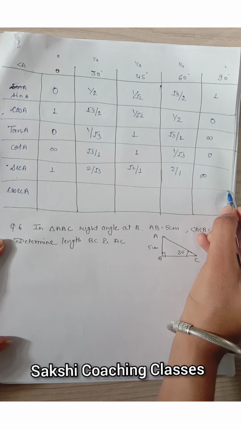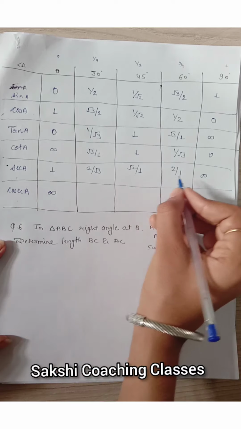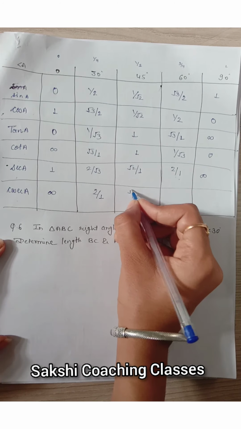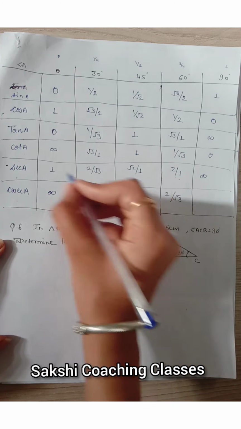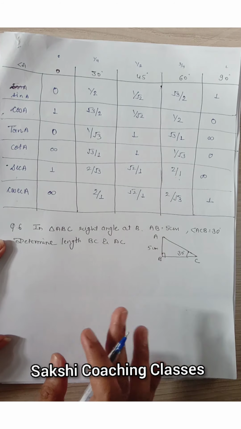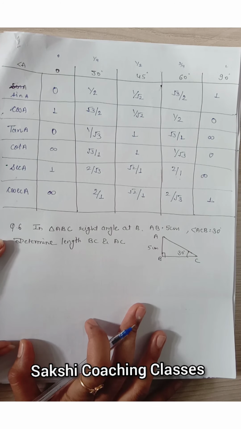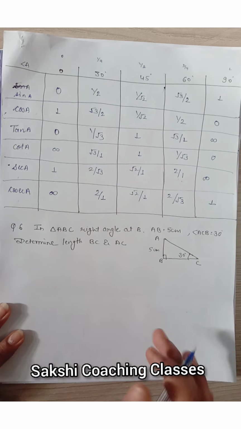For the values of cosec: infinity, 2/1, basically 2, √2/1, यहाँ 2 by √3 and 1. Again I am explaining it. For the values of sin A, first of all root the parts of 0 to 1.